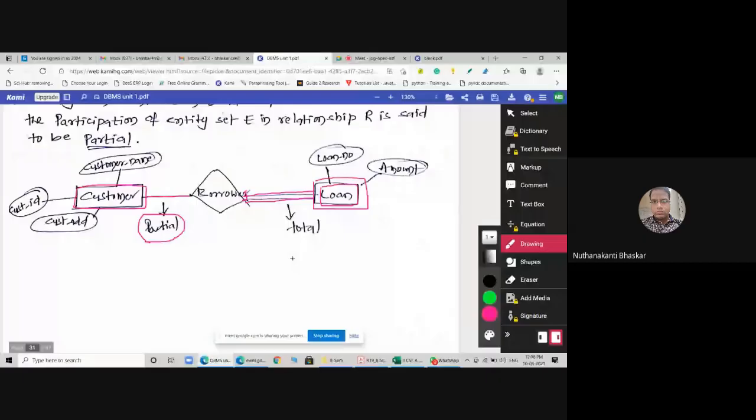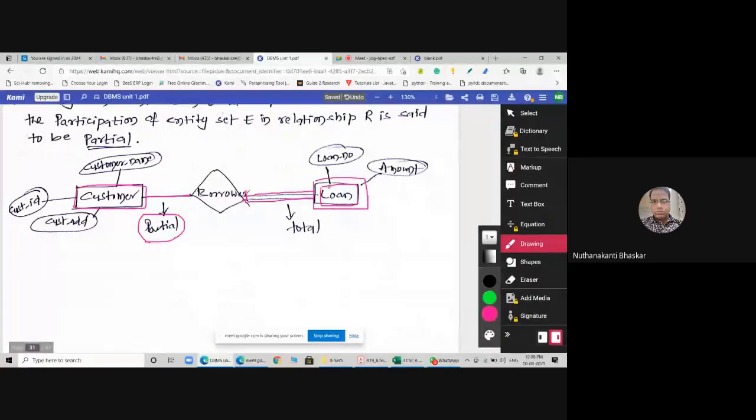Only some of the customers will take the loan, some of the customers will deposit, some will use the bank in other ways. That's why different accounts are there, right? That's why all the customers are not borrowing. So only some of the customers are borrowers. That's why it is a partial participation. The partial participation representation is a single link. Only some of the customers are borrowers. Clear?